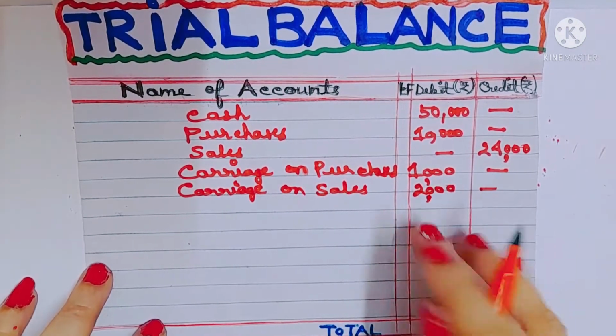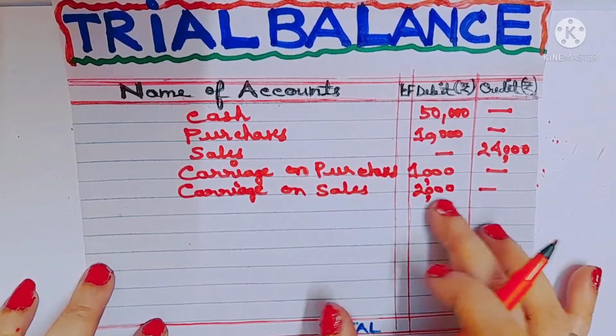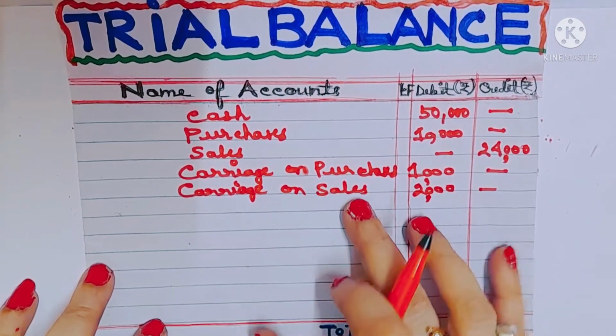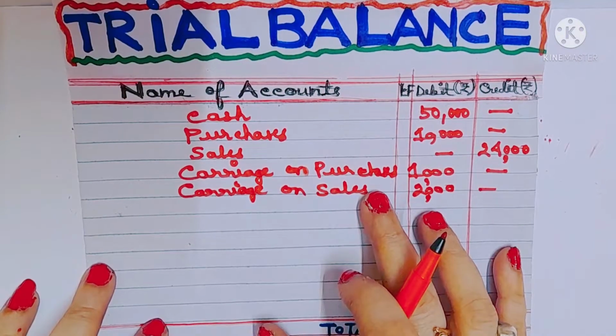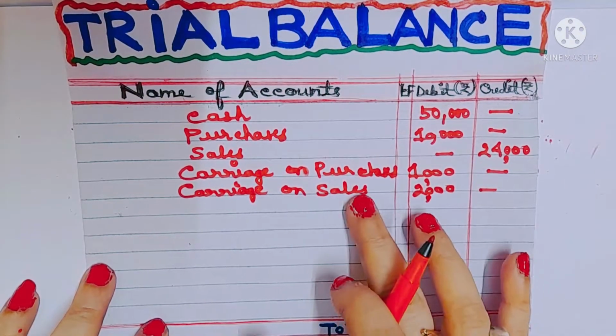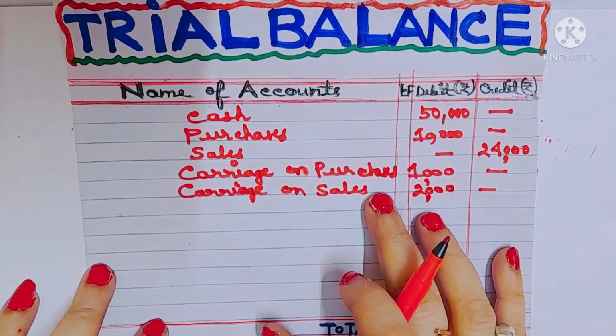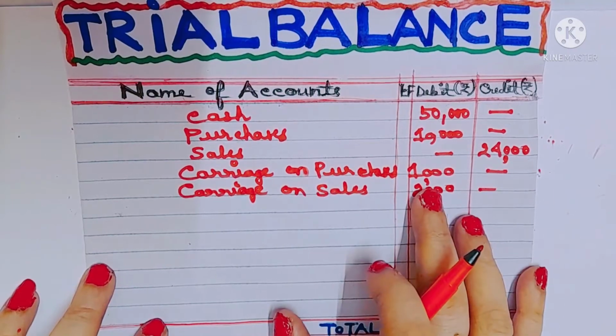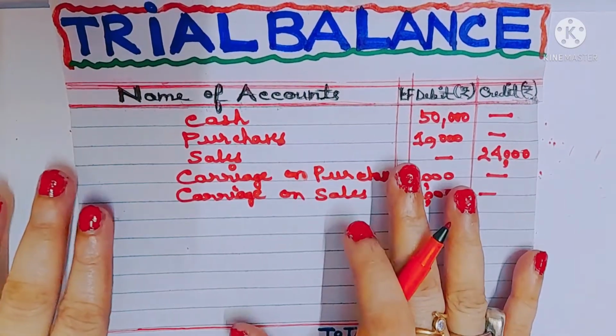Carriage on sales is also a debit balance and that is the reason we are writing it in the debit column. Carriage on sales comes under nominal account. According to nominal account, all losses and expenses are debited. Here, carriage on sales is a transportation cost. This is an expense for the business. So, carriage on sales will be debited. Understood? Let's see the next account.